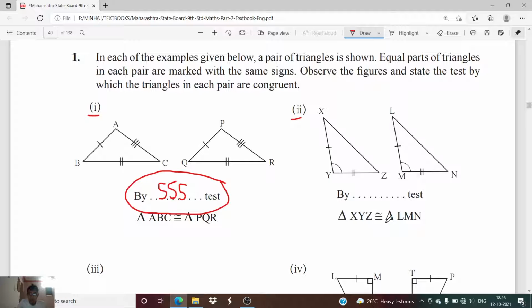We have got the idea about this congruency by side, angle, side test. So we will write here by side, angle, side test. So the answer is SAS test.